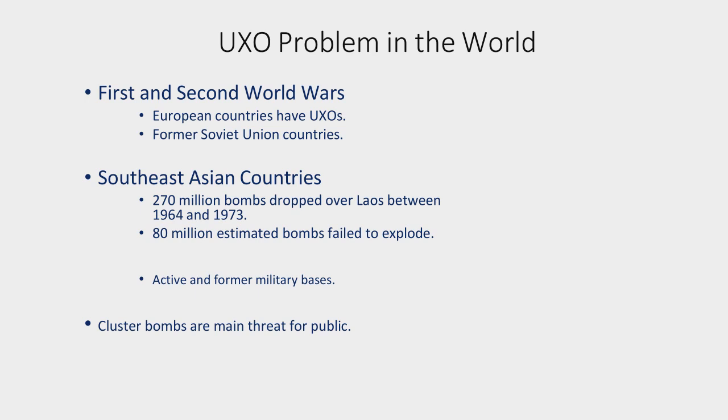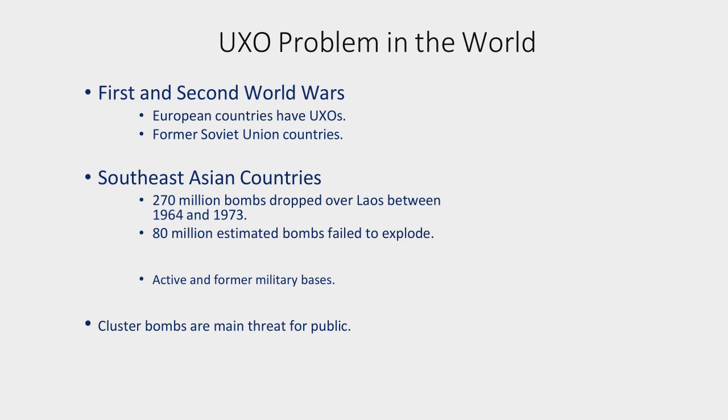Now, let me start by describing the unexploded ordnance problem, which, as I said, is mostly made of metals or contains a substantial amount of metal. These problems come from the First and Second World Wars. As we know, many European countries have these unexploded ordnances. Just last century, in Southeast Asian countries during the Vietnam War, there were lots of bombs.